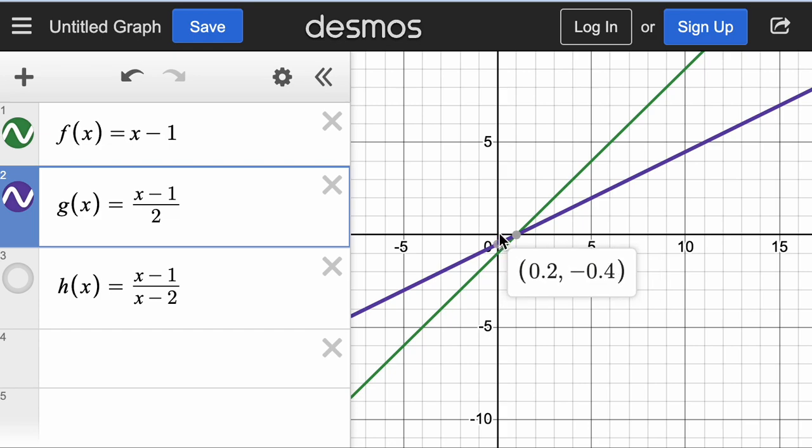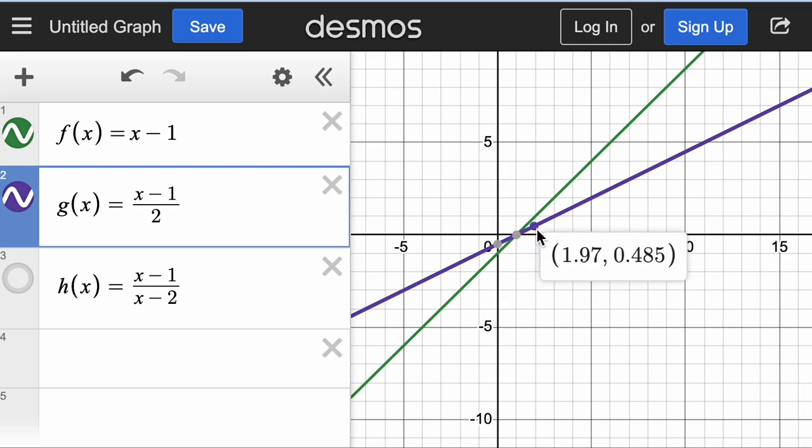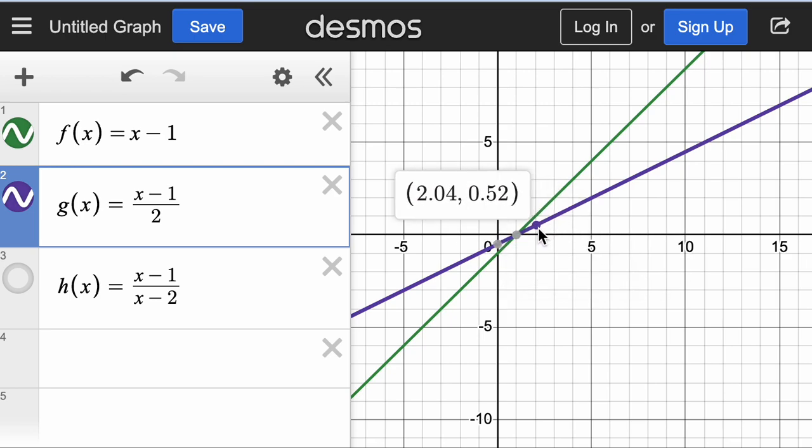So go up 1 over 2, up 1 over 2, and so on. So this is a linear function.